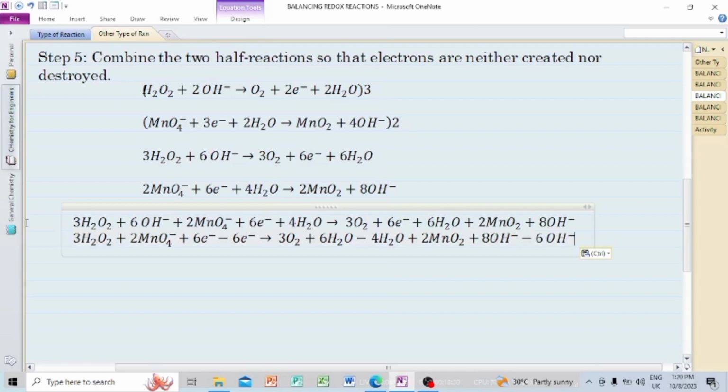Simplifying, magiging 3H2O2 plus 2MnO4. 6 minus 6 is 0.